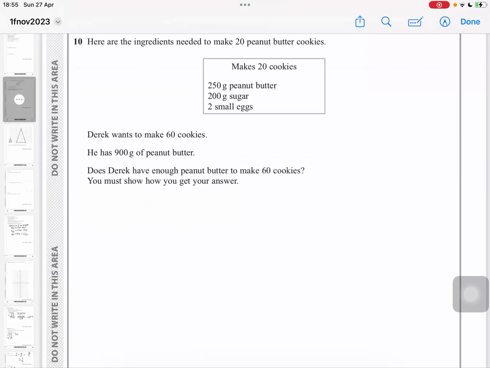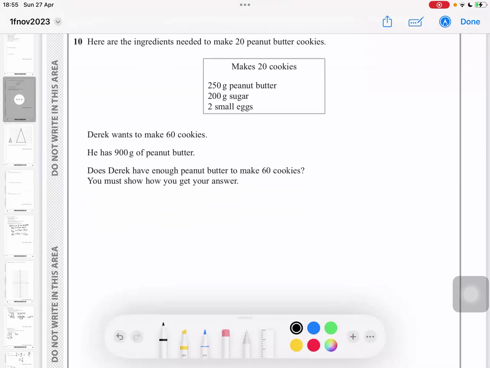Okay, so what would you do in this case? I think the reasoning is pretty simple, right? Yes. Multiply everything by 30. No, not by 30, by 3, right? Yes.